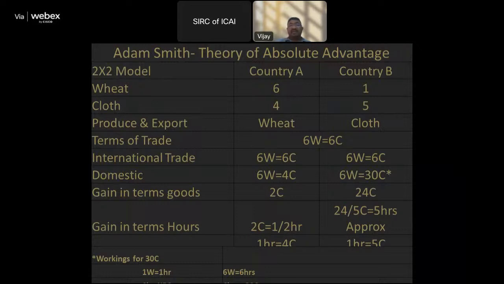So there will be a gain of 2 cloth yards. I hope you are able to understand.